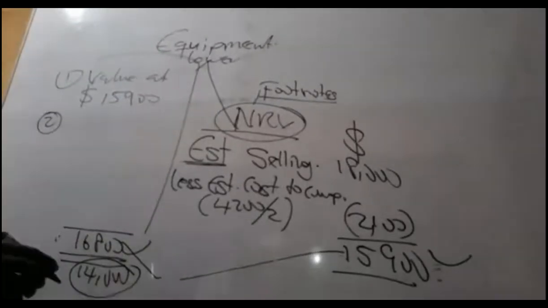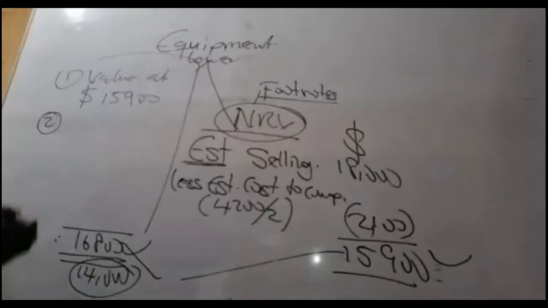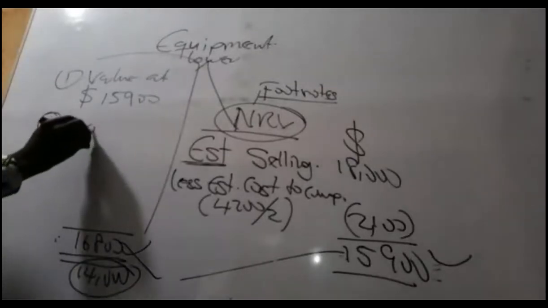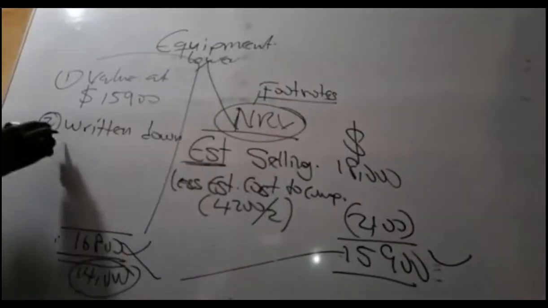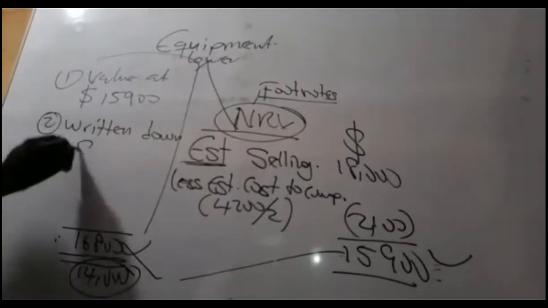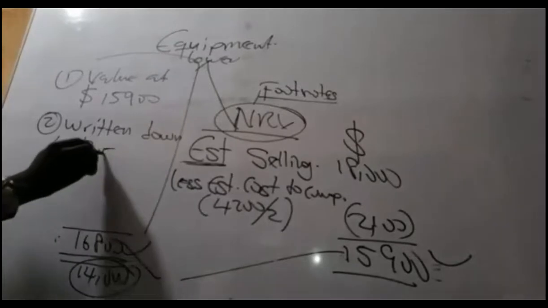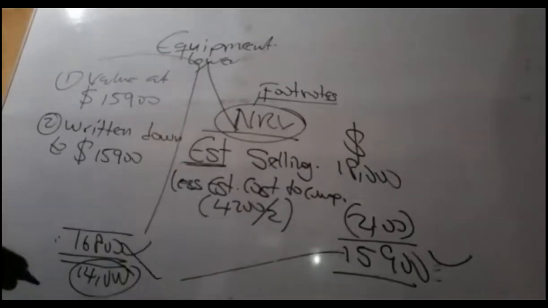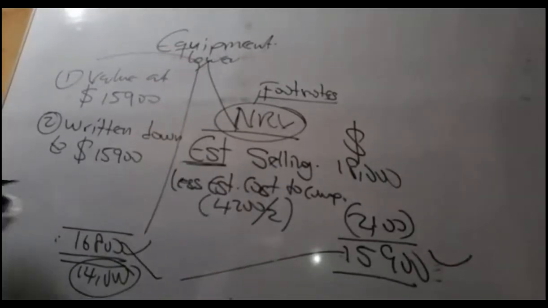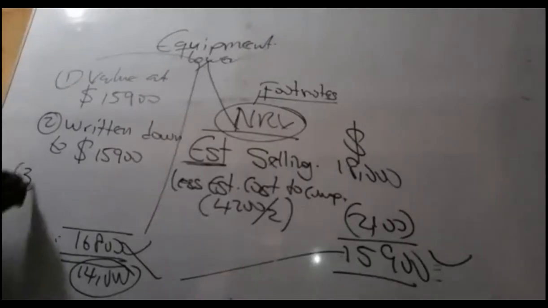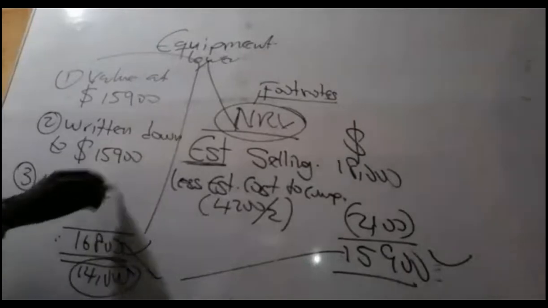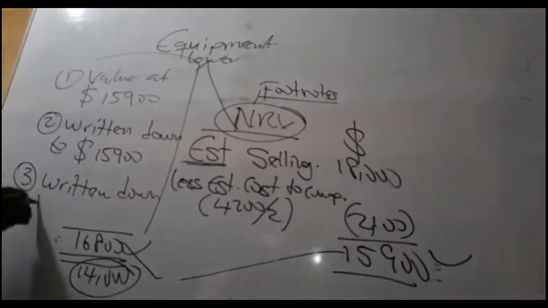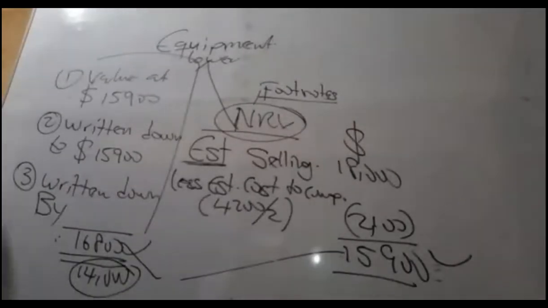Then two, it must be written down to the NRV. Why? Because it's the lowest one, 15,900. Then it must also be written down by the difference.